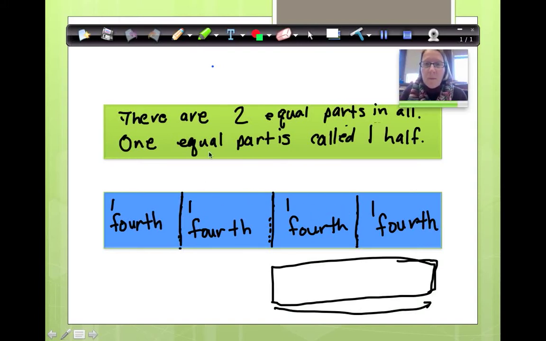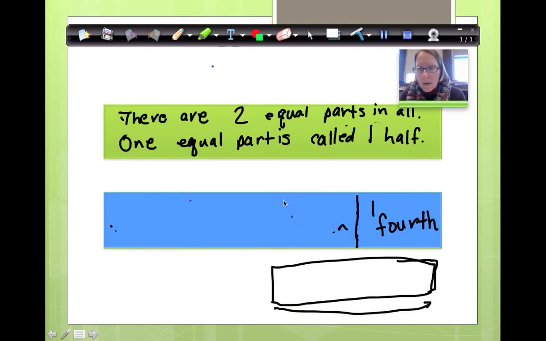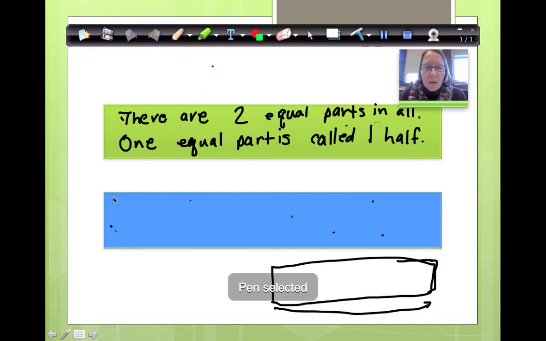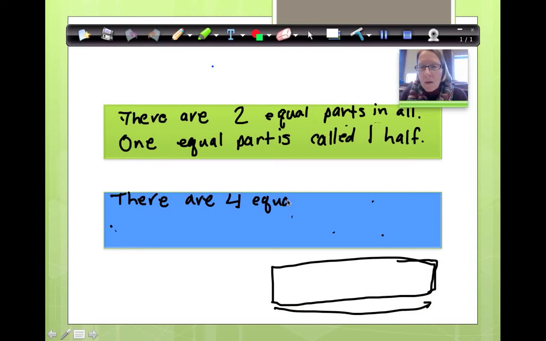Now, I'm going to erase mine, but I just want you to turn your 4th paper over. So this is the back side of your paper. Now, on the back of the paper that says the 4th, I want you to write, there are 4 equal parts in all.